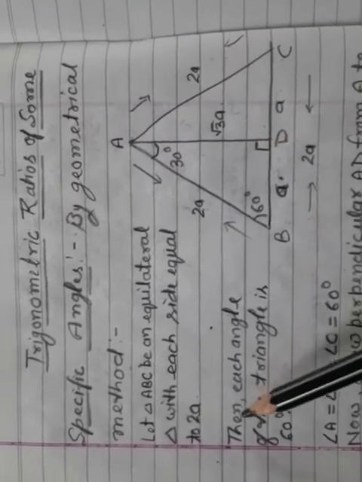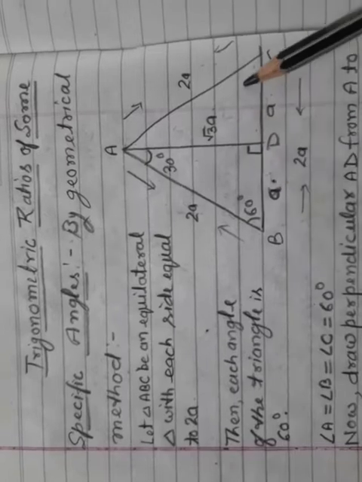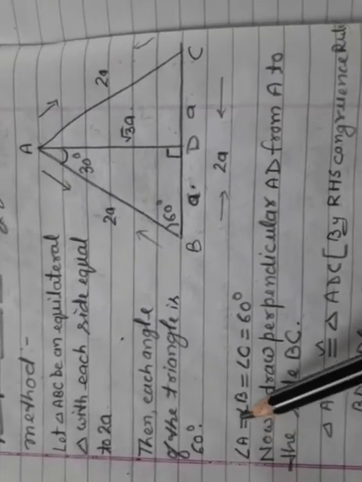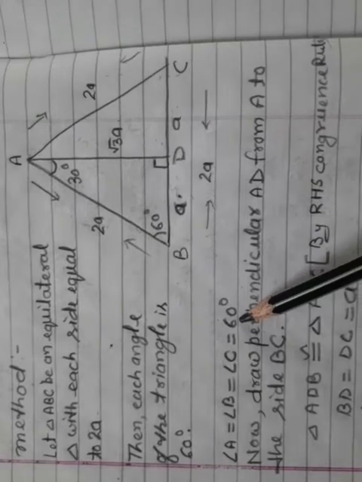Clear? Then each angle of the triangle is 60 degrees. As you know, the angles of an equilateral triangle are 60 degrees. Angle A, angle B, angle C are each equal to 60 degrees.